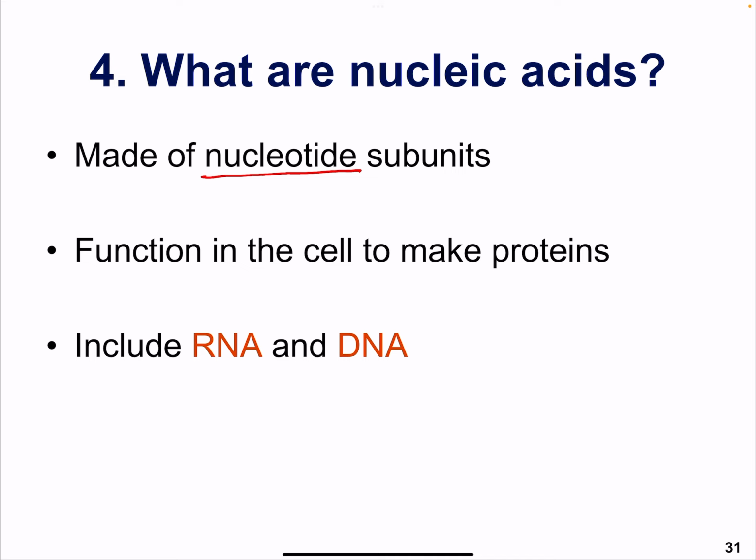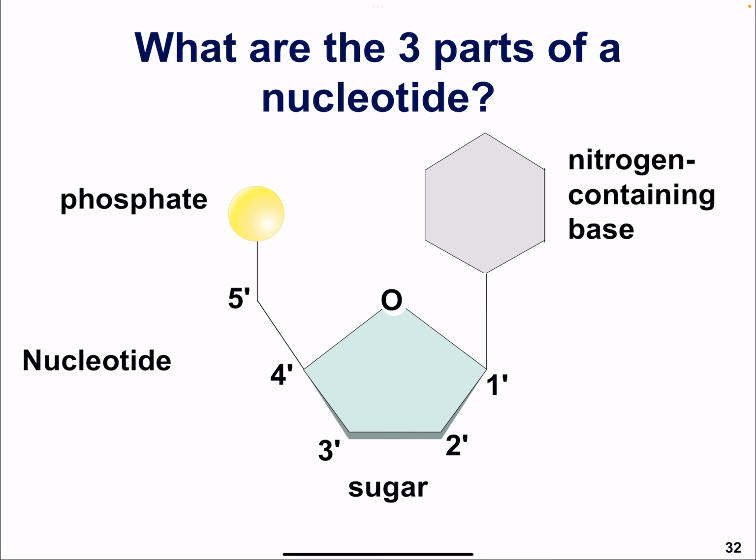Now, DNA, the nucleic acid, contains the information necessary for proteins to exist. Without that information, forget about producing proteins. Nucleic acids include RNA and DNA. We are going to go into the details here.